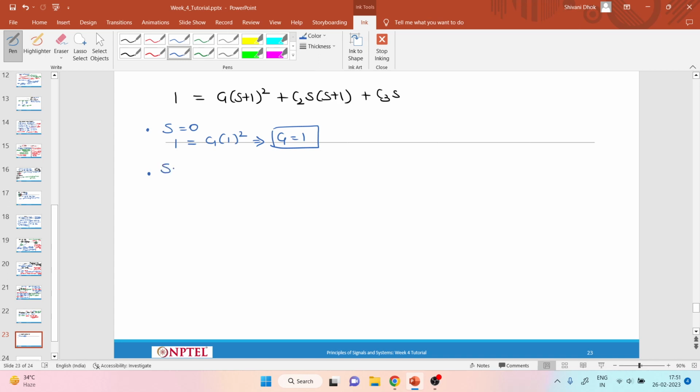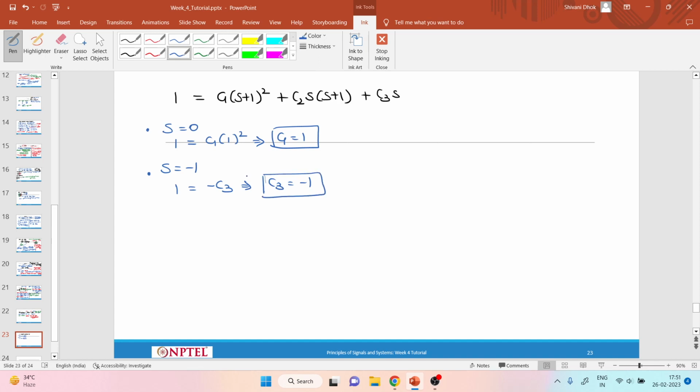For that we'll substitute s equal to minus 1, and what we get is 1 equal to, this term goes to 0 and this also goes to 0, so minus c3, which means that c3 is equal to minus 1.